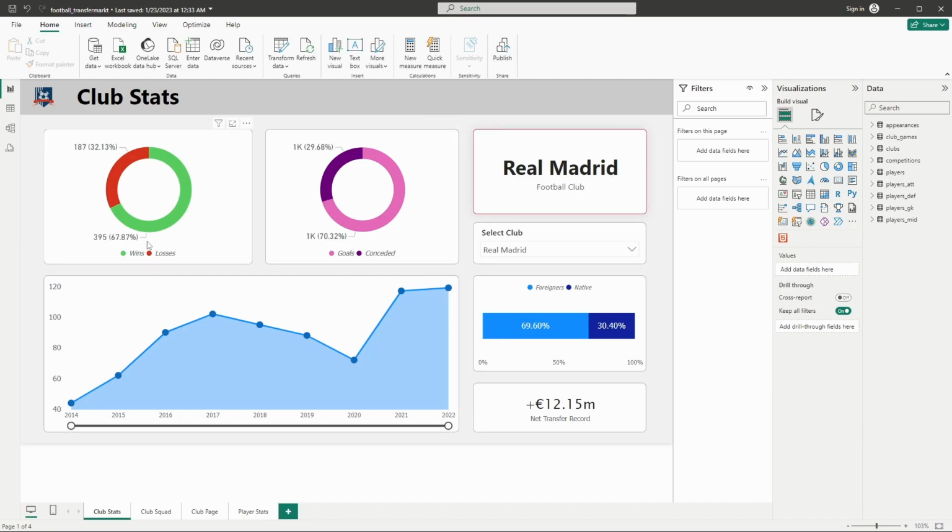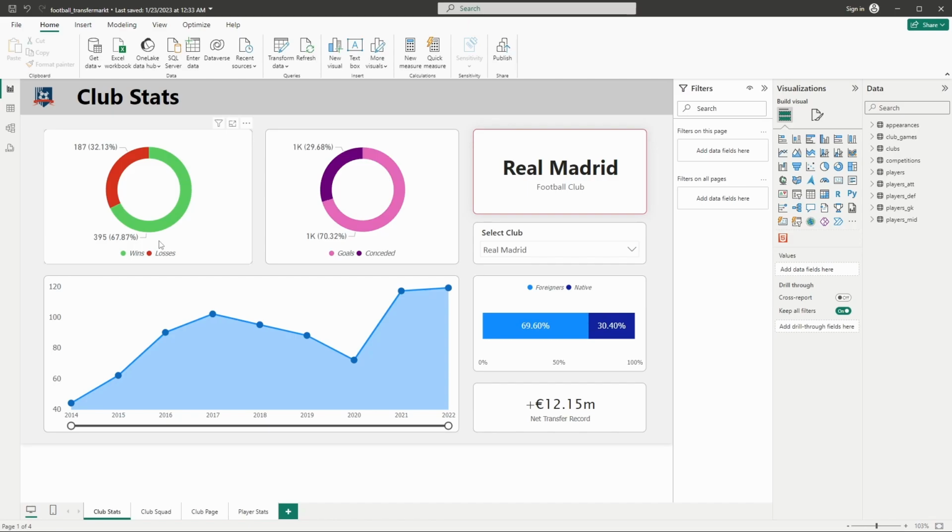So at the very beginning, this red green donut chart, what does it say? So basically this donut chart presents all of the matches where Real Madrid appeared. Okay, so from all of the matches Real Madrid appeared in, they actually won almost about 70% of them.